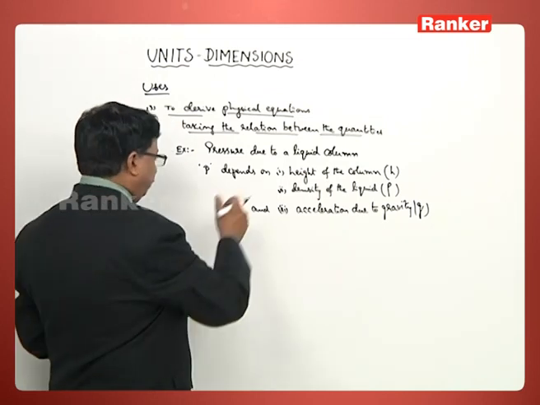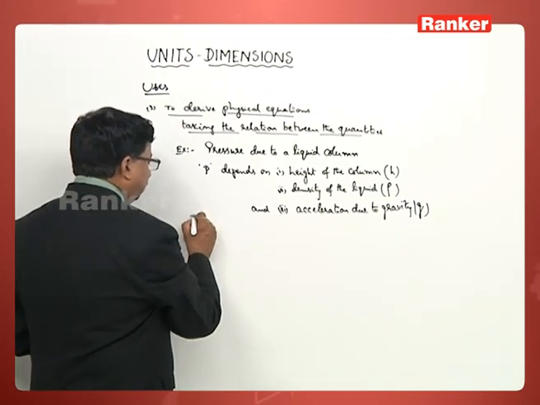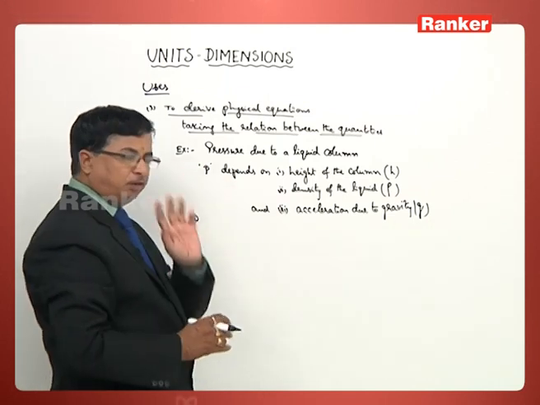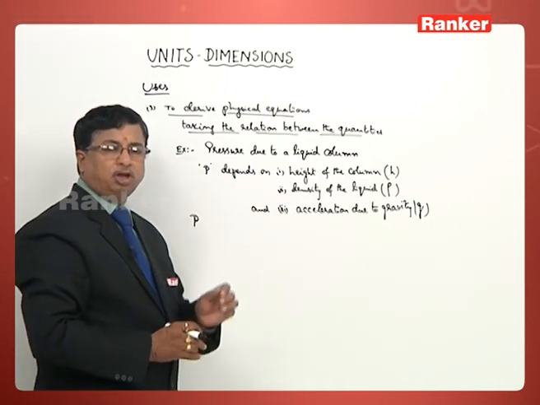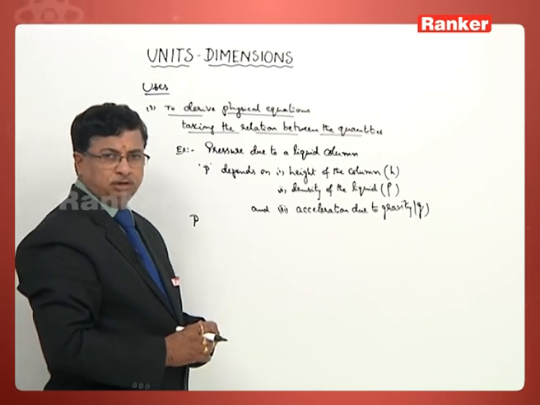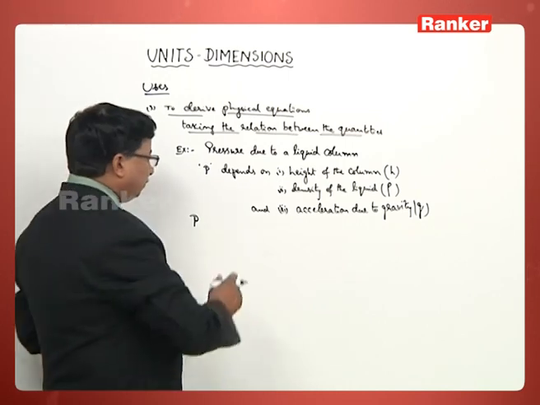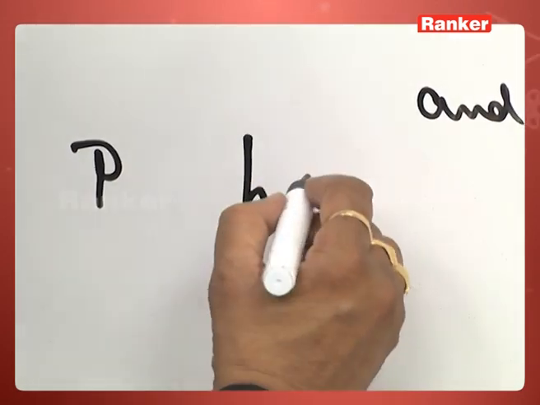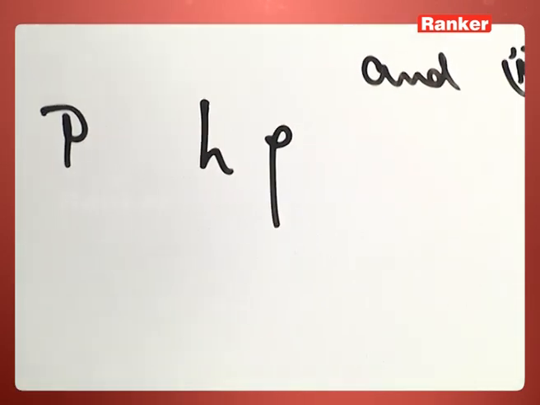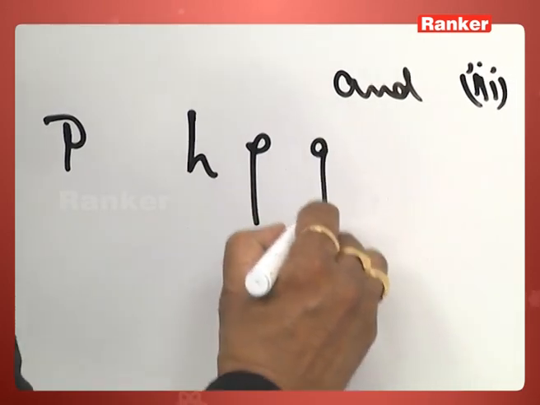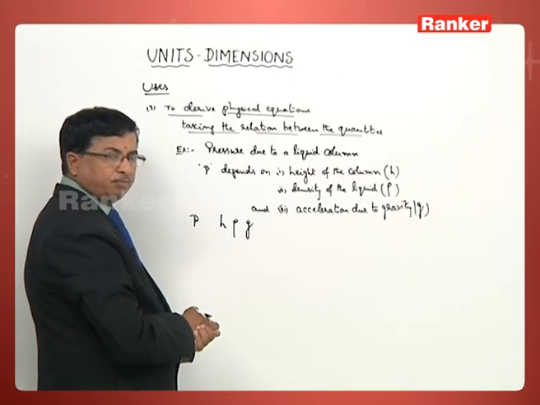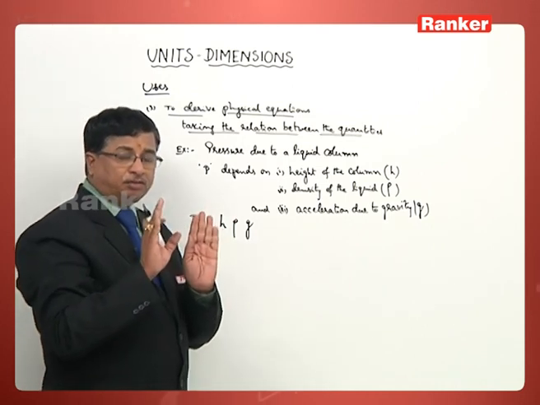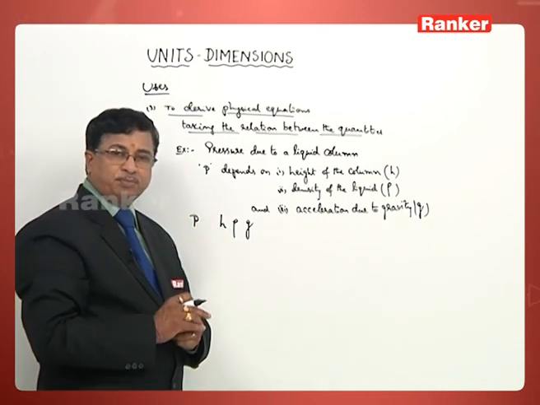See the method first. We have been given in the problem that pressure depends on three quantities. What are those three? Very first one is height. Second one is density. Third one is acceleration due to gravity. But the statement mentioned is that pressure depends on height.